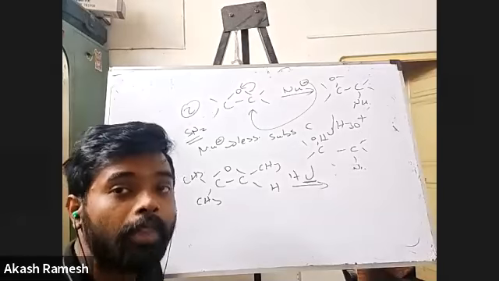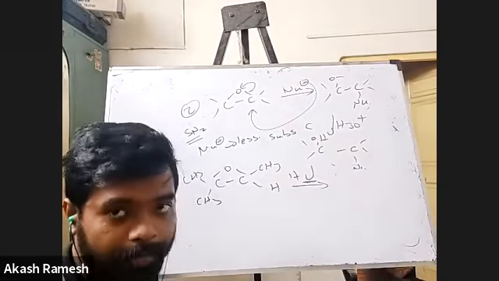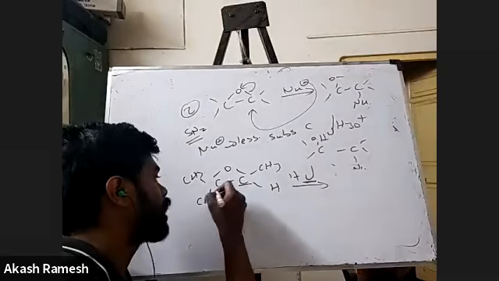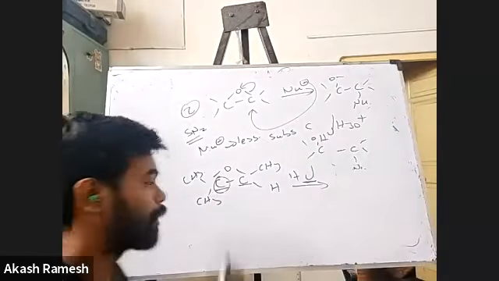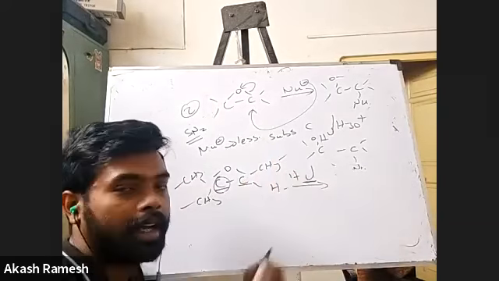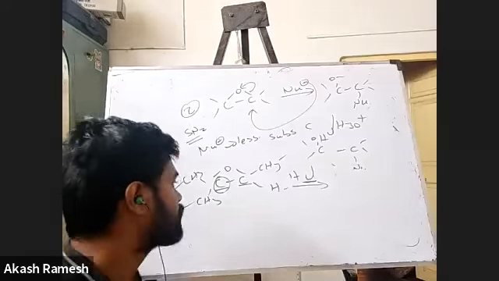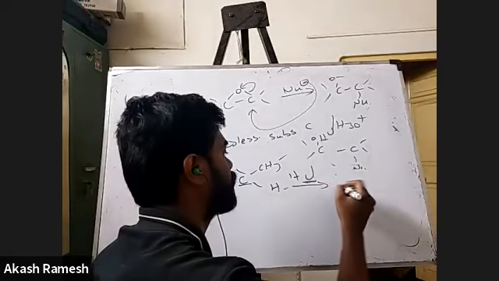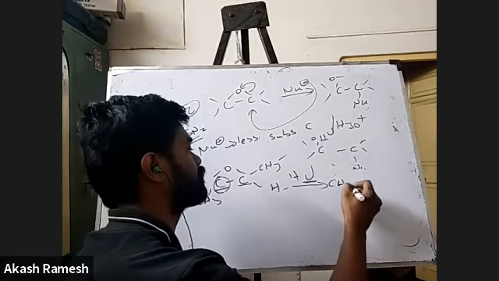Now you understand the nucleophile here is Cl minus. What did I tell you? The nucleophile should attach itself to the carbon atom which is more substituted. Out of these two carbons, this carbon atom is more substituted because it has two methyl groups, while this carbon atom has one methyl group and one hydrogen. So definitely this is more substituted. So if I write the product properly, I start with this CH3.